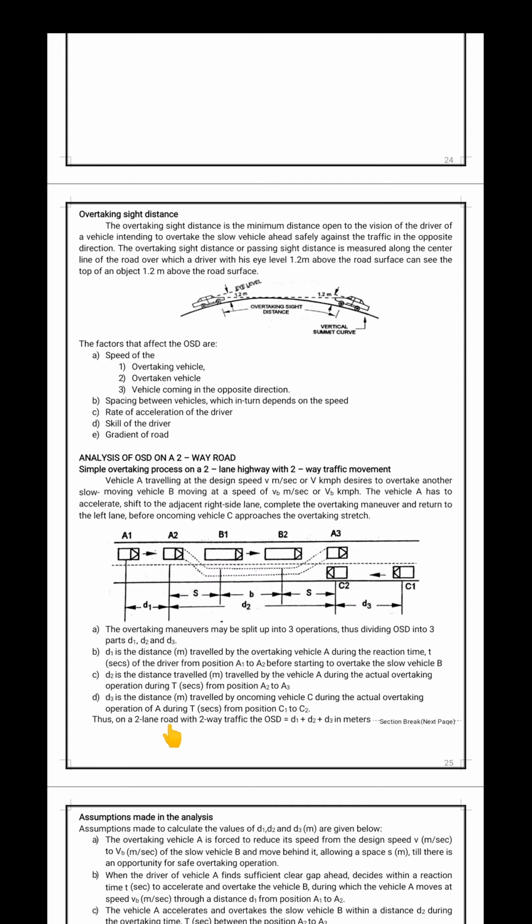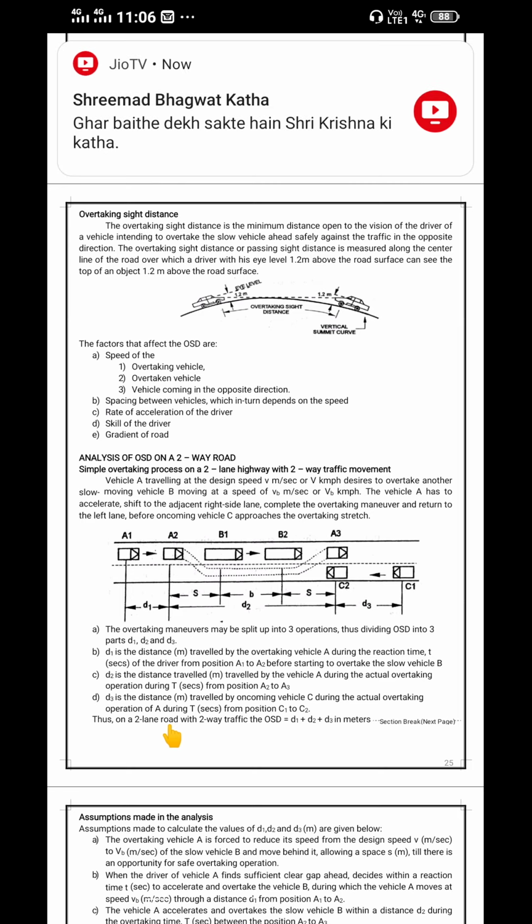Then it has to complete the overtaking, and then shift back to the left of the road, so that the vehicle coming from the opposite side does not collide with this vehicle or approach that point. Now this process will be explained briefly here.